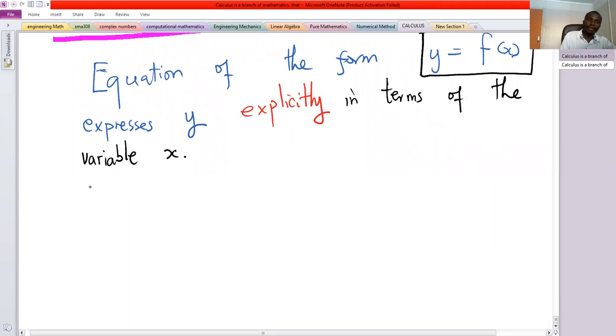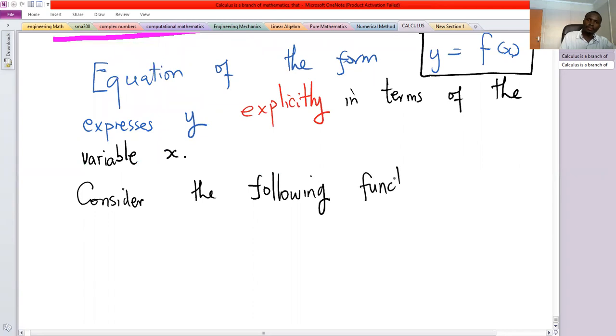But consider the following functions or equations. Let me just say equations, not necessarily functions.